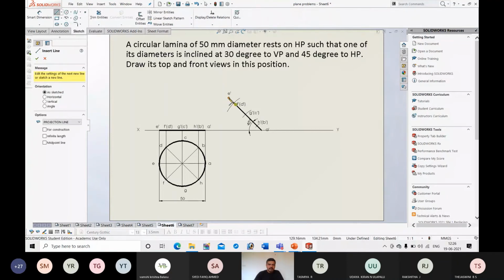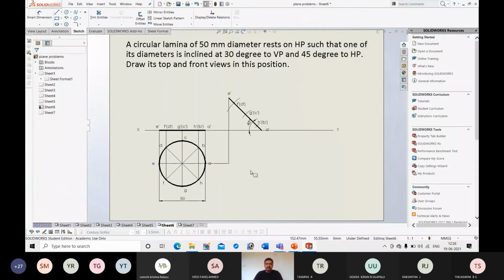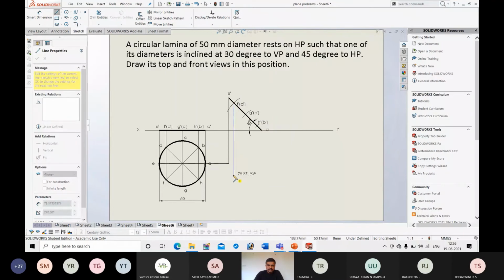Okay, I will project the point E, and here it is E dash, similarly F and D. From here also you should project C till here.